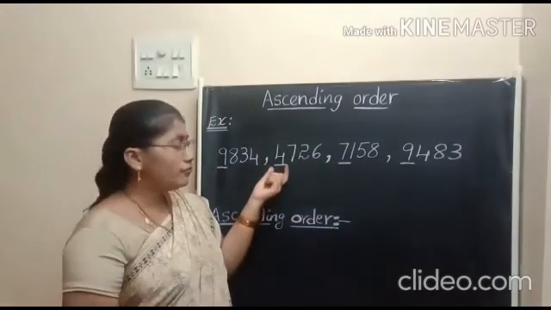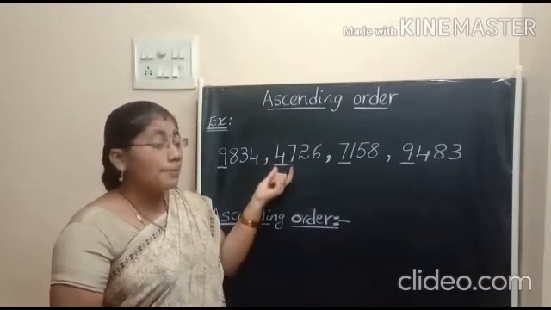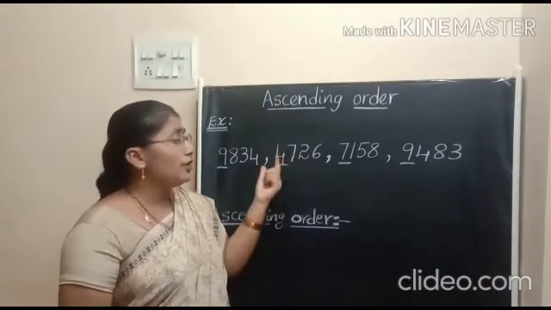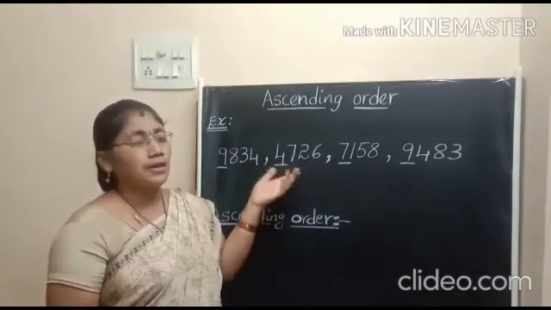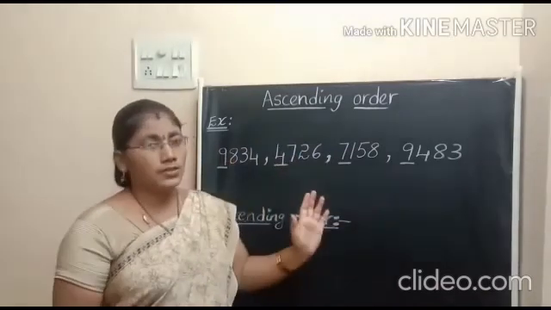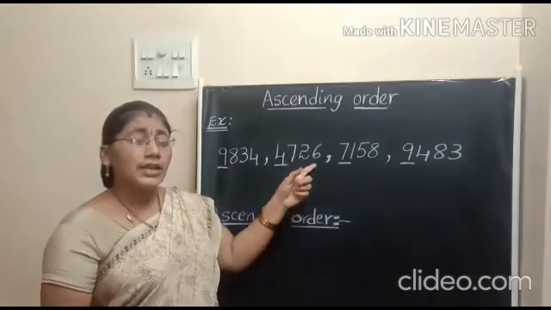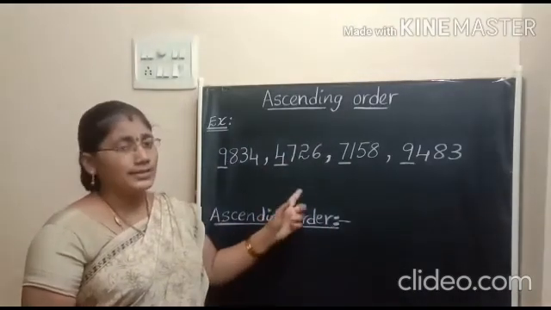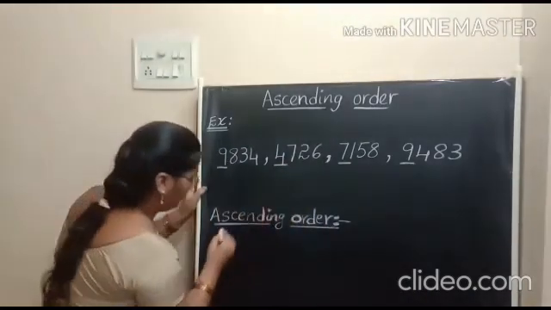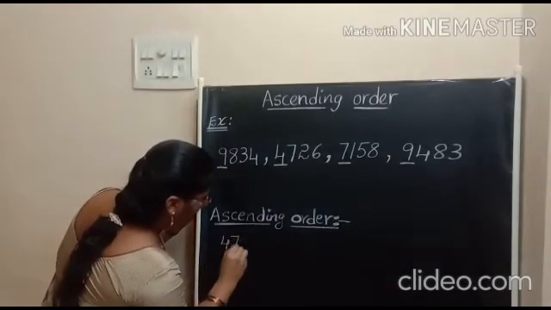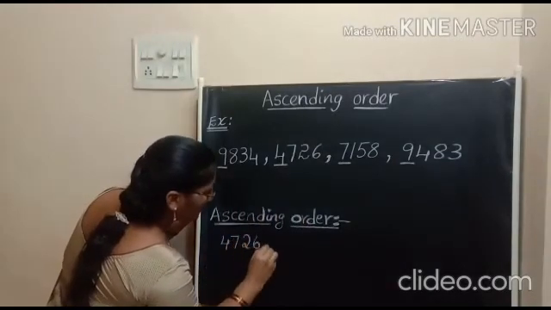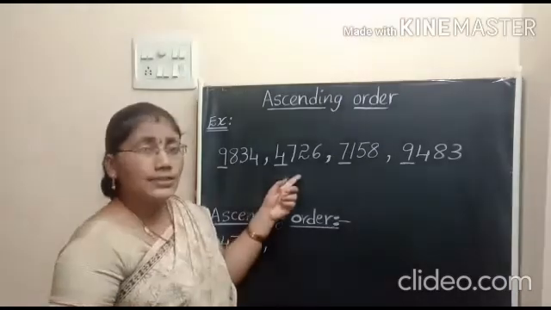That is 4. So, the number starting with 4 is the smallest number among these numbers. So, we should write 4726 in the first position of ascending order.